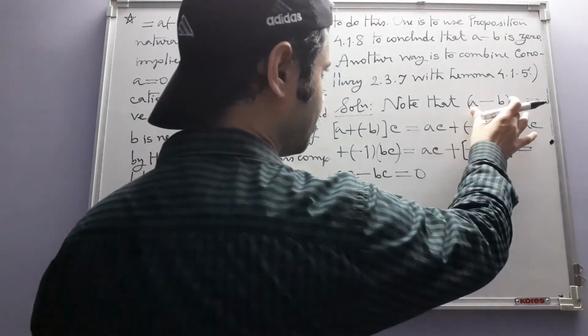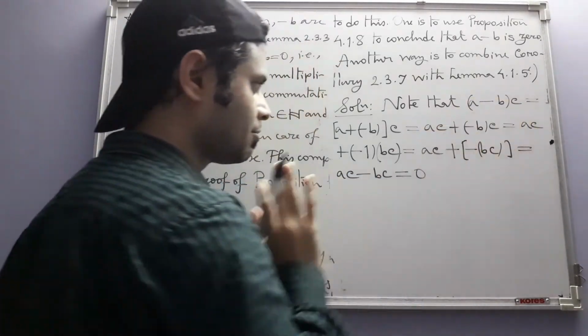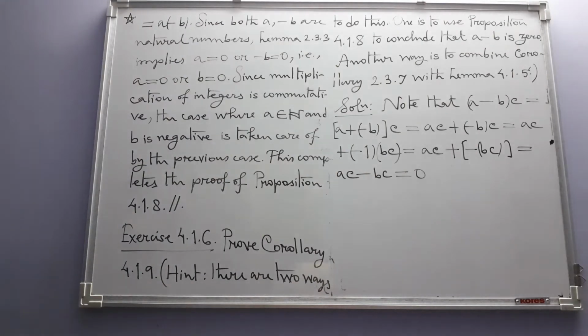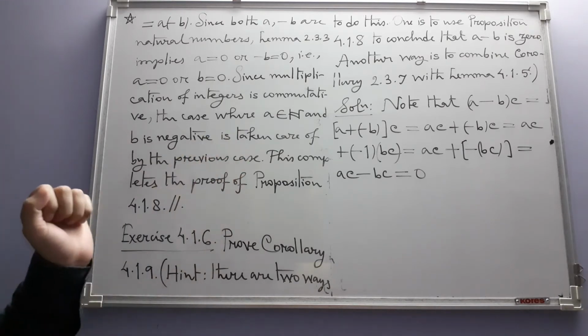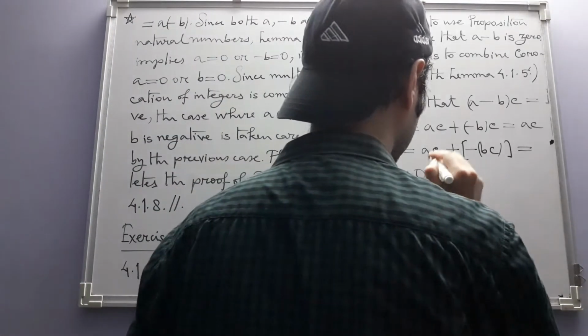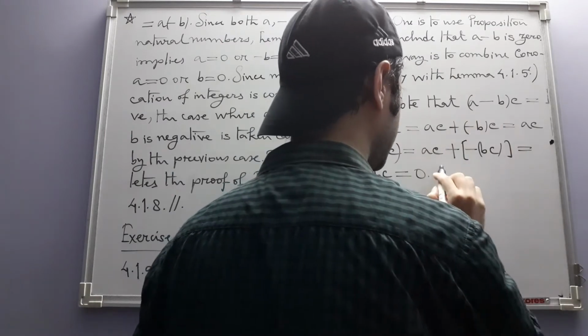So we now have the fact that a product of two integers is 0. So according to proposition 418, one of them should be 0. But it is given that c is non-zero.